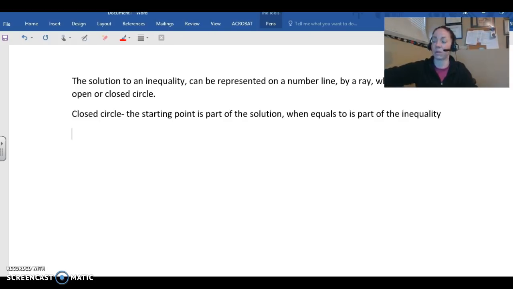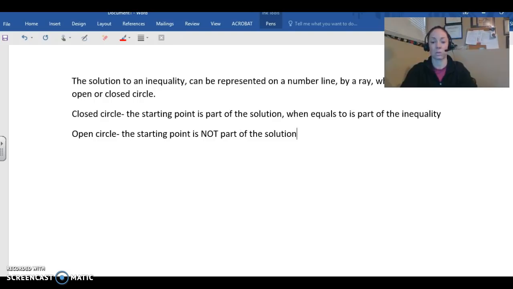So greater than or equal to, less than or equal to. An open circle means that the starting point is not part of the solution set. So that means that when the circle is open, you just have your inequalities of greater than or less than. No equal to is a part of it.